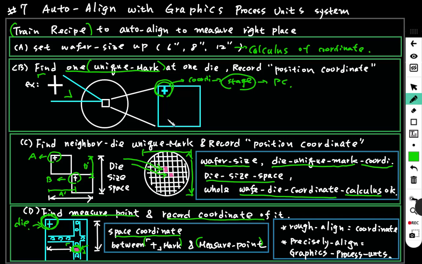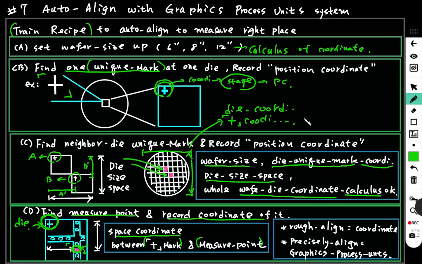It knows about the coordinate of every die and the cross mark of every die coordinate.